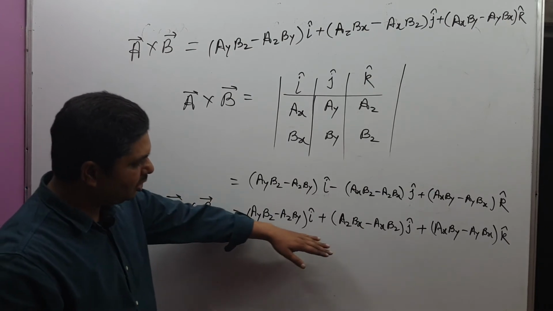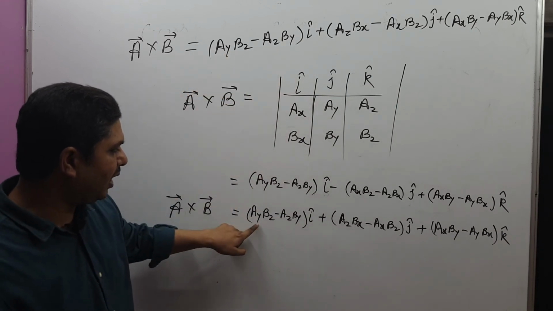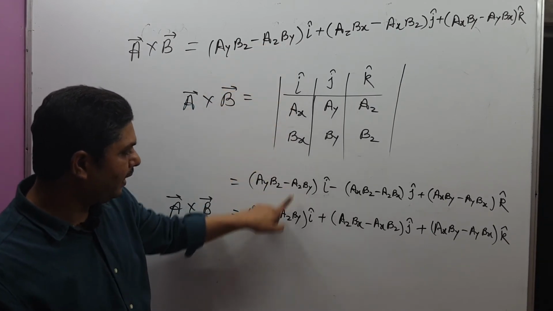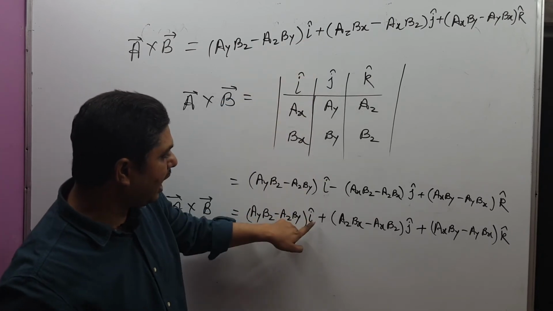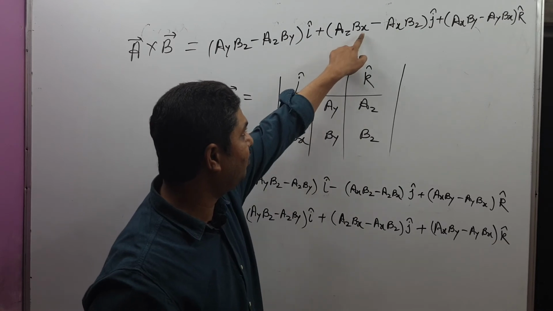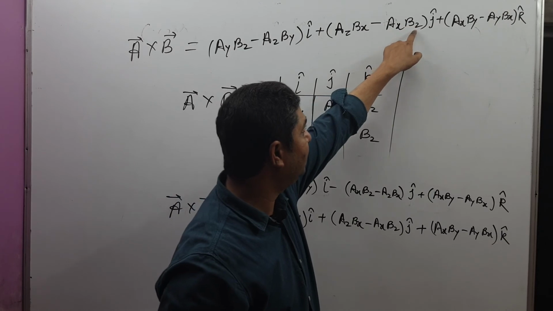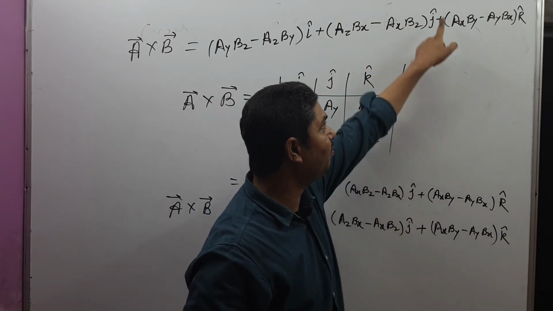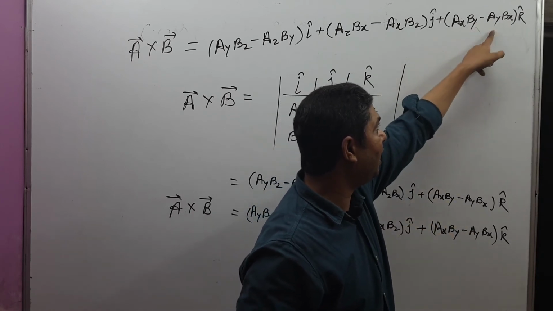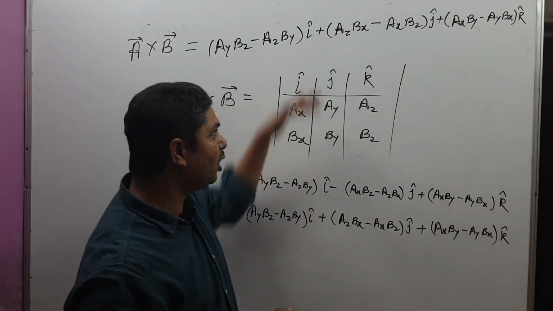Now let us match this equation and this equation. See, AYBZ minus AZBY I cap, plus AZBX minus AXBZ J cap, plus AXBY minus AYBX K cap. So these two equations are the same.